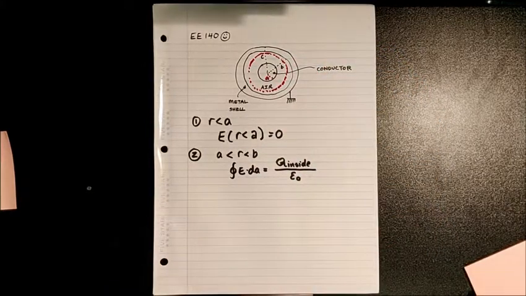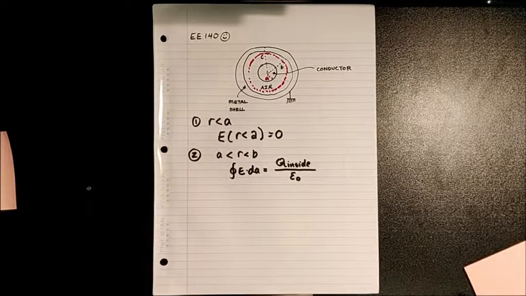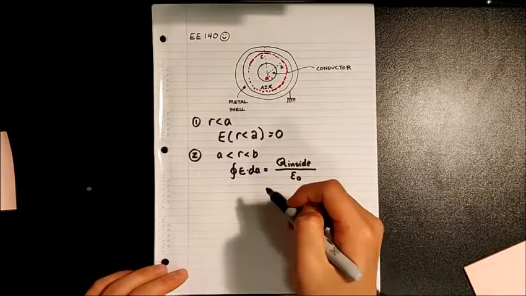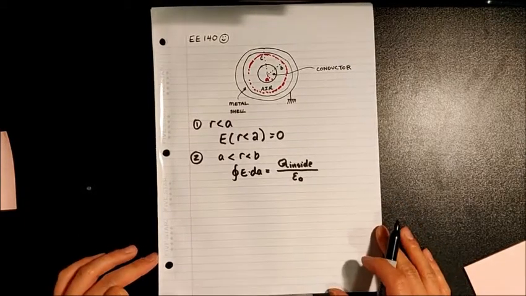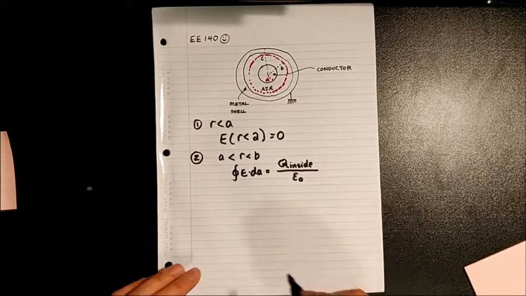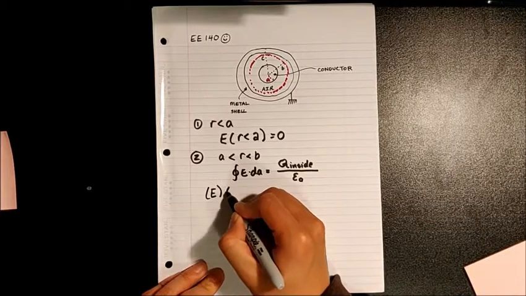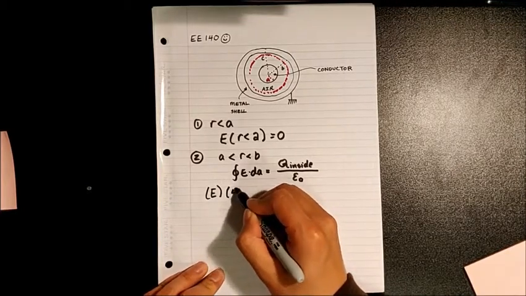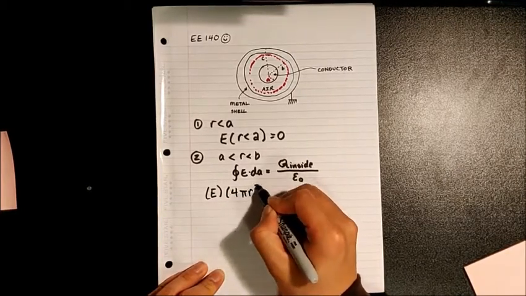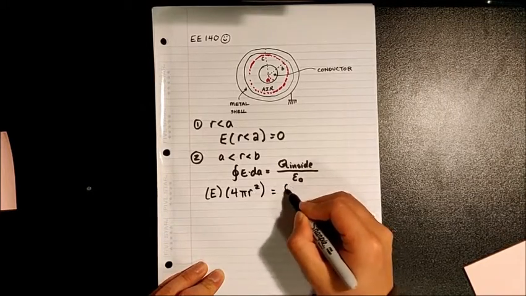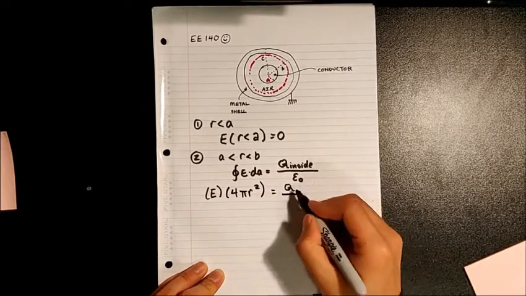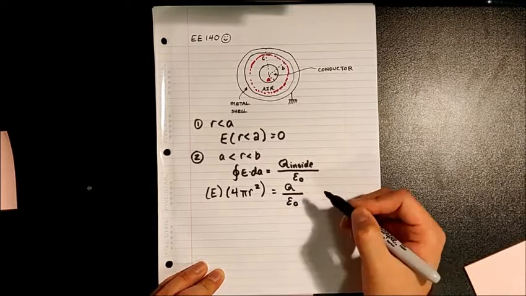So that means the area for this Gaussian surface would just be the surface area of a sphere. So our dA will just be 4 pi r squared. So plugging it into our equation, we can get rid of the integral. So E times 4 pi r squared is simply equal to the charge over epsilon naught.